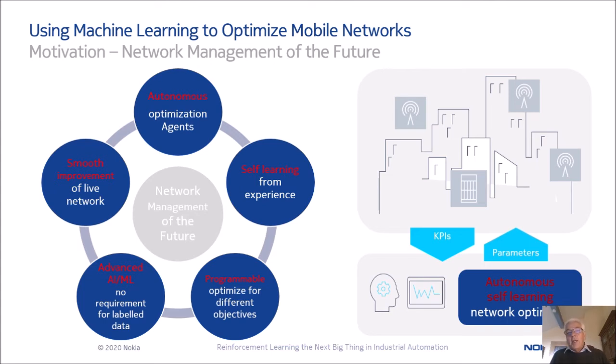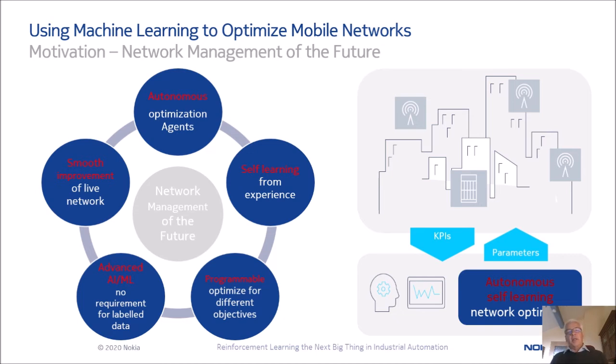They should be totally autonomous without any manual interaction. They should smoothly improve the network during operation. They should be self-learning from experience they made in the past. And they should also be programmable, which means you must be able to program them to optimize for different directions. So you might optimize for high throughput, for low power consumption, and things like this.